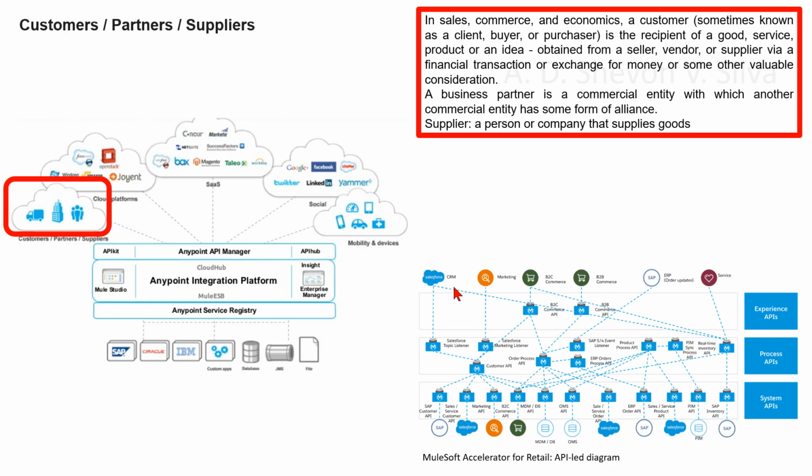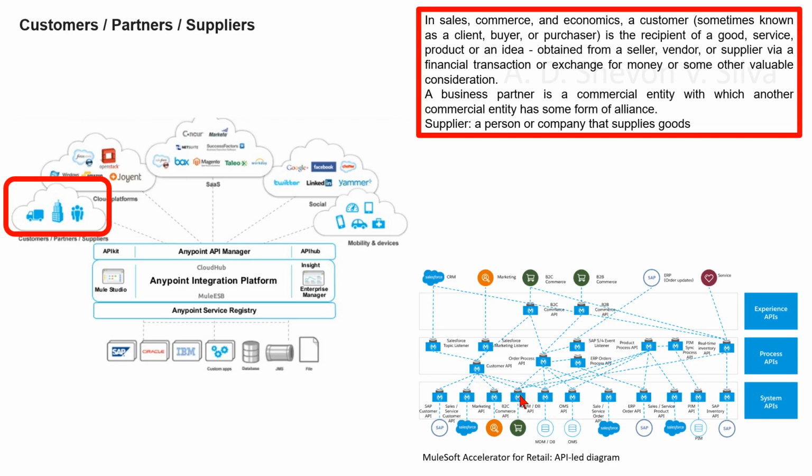Here you can see CRM, marketing, B2C and B2B commerce, ERP order update service, and here you can see MDM, OMS, PIM. Here you can see the SAP customer API is connected to the customer API, and the Sales Service customer API, marketing API, B2C commerce API, and MDM DB API are connected to it.